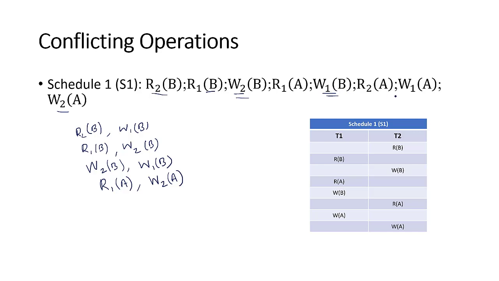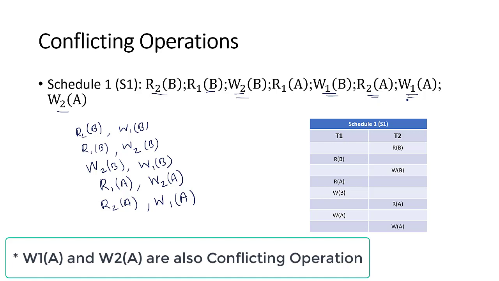So we can go for the next operation. So R2A and W1A is the pair where there is a conflict on the data item A, one of the operations is a write operation, and the transactions are not the same. So these are the conflicting operations for my schedule 1.